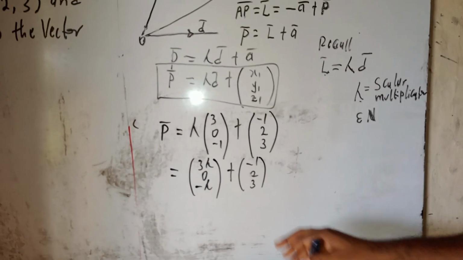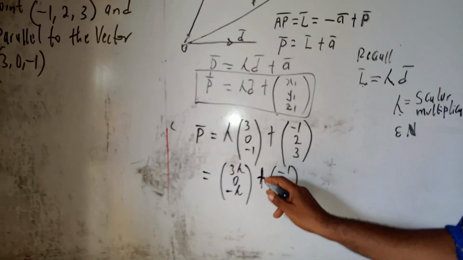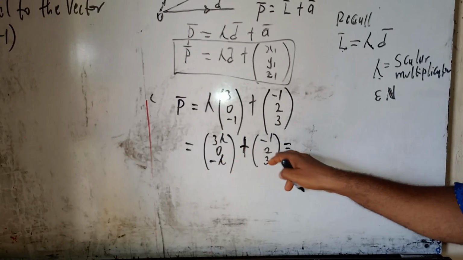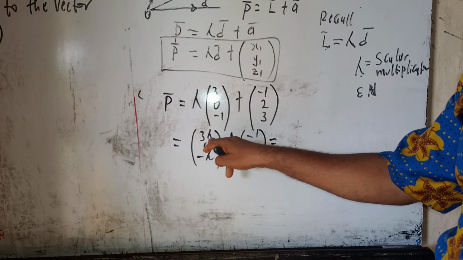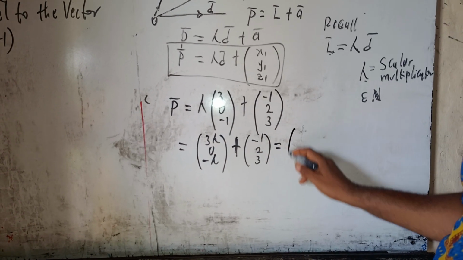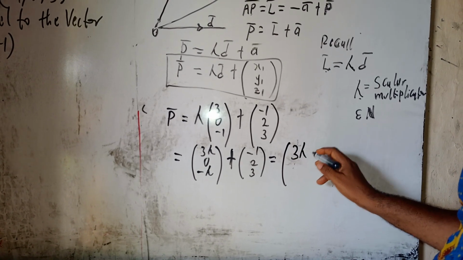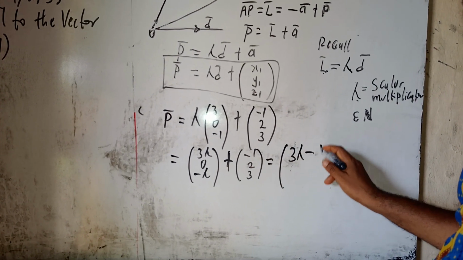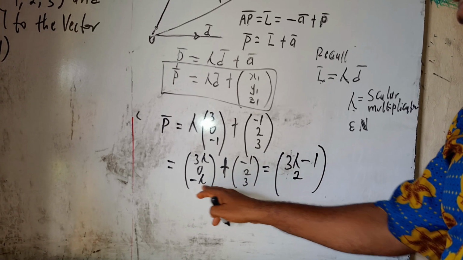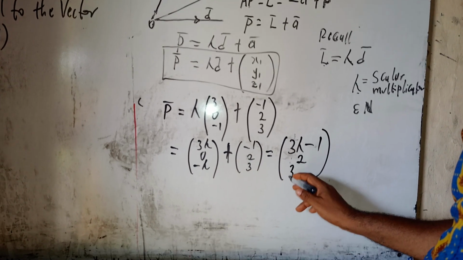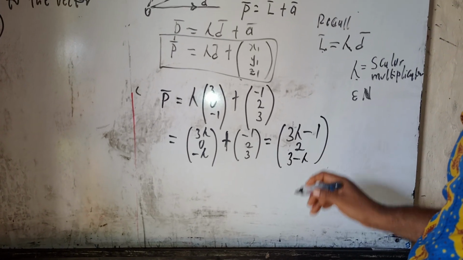Now if you look at this addition, I can combine them together: 3 lambda plus -1 gives 3 lambda minus 1. When I add this to 2, it still gives me 2. When I add this one to this 3, it gives me 3 minus lambda.